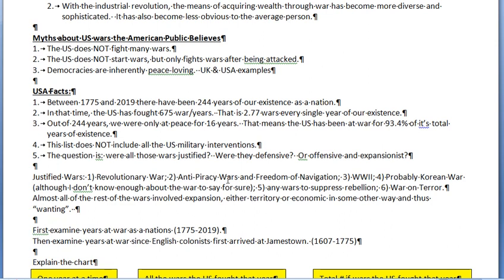Anti-piracy wars, yeah. Well, you don't want piracy. You want to protect commerce. That's huge. Commerce has to be protected. Freedom of navigation. World War II was justified because you're fighting Nazi Germany. I mean, apart from being evil, just Germany in control of the lion's share, for example, of the world's oil, if they acquired the Middle East, right?